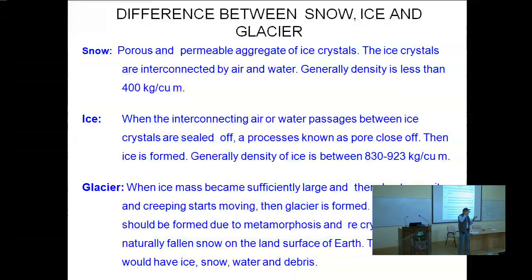That is, the ice itself on the slope starts deforming, and the deformation creates the creeping, and that is the moment it starts moving. However, you want to differentiate ice on the land, which is called a glacier, from an iceberg, and therefore there are some other conditions added to it.